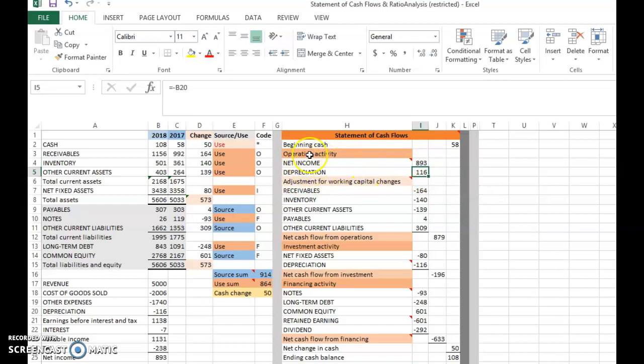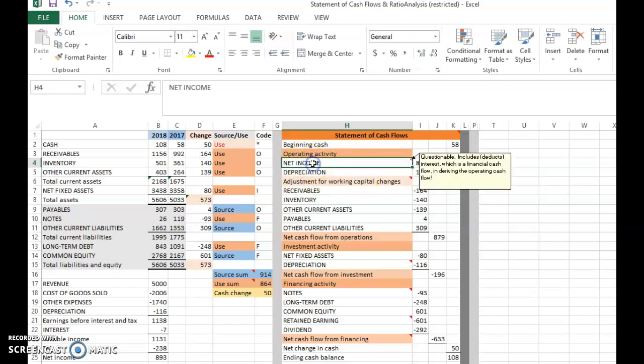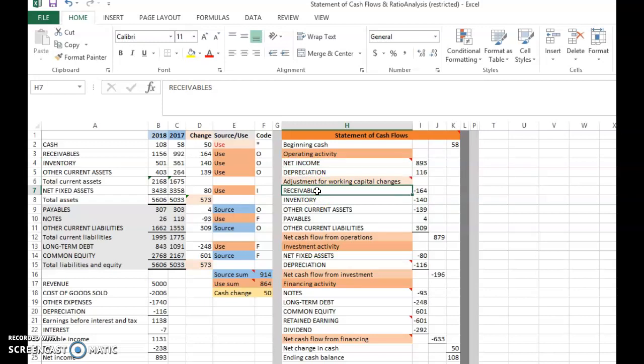So these are the major items. Actually 4 major items in the equation. CFO is made up of 4 items. The first one is net income. The second one is depreciation. The third one is change in non-cash current assets.